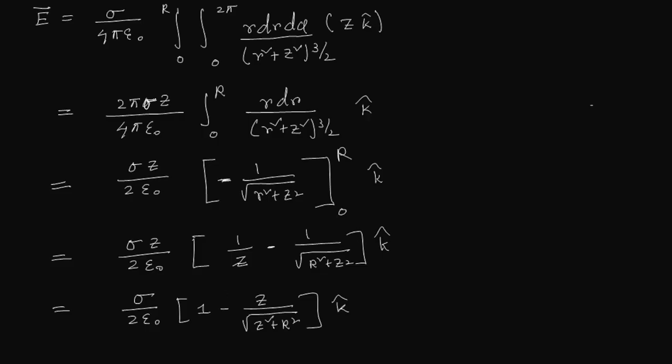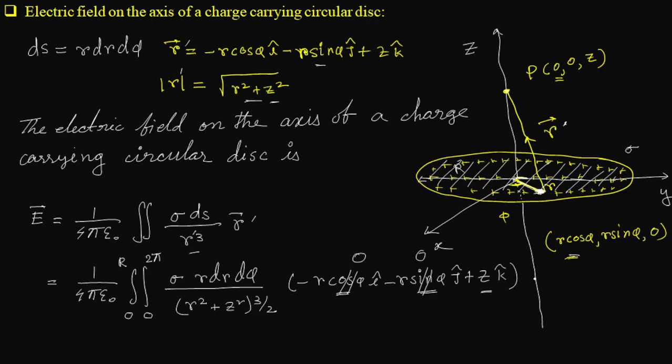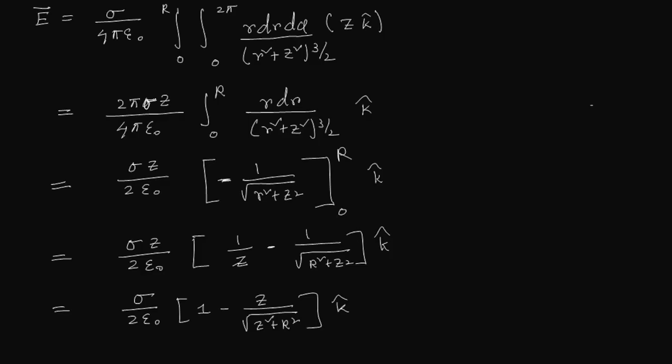If you take a point below the loop, then the electric field will be downward because the source charge is positive, so the field always points away from the source charge, so it will be in the downward direction. So in that case, we'll get minus k cap. Below the loop minus k cap, above the loop plus k cap. And at any value of z, at a distance z from both sides, either upward or downward, the electric field will be sigma divided by 2 epsilon naught, 1 minus z divided by under root of z square plus R square. Okay, so this will be the variation of the electric field at a distance z.